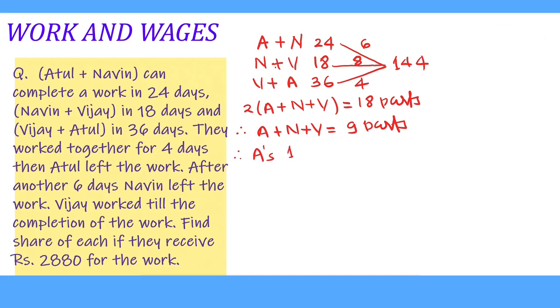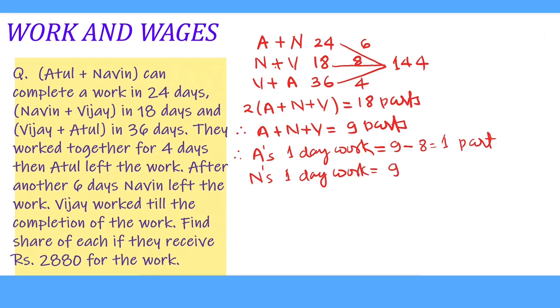So Atul's 1 day work equals 9 minus 8, which is equal to 1 part. Naveen's 1 day work equals 9 minus Vijay and Atul's 1 day work, which is 9 minus 4, equal to 5 parts. And 1 day work of Vijay is 9 minus Atul plus Naveen's 1 day work, which is 9 minus 6, equal to 3 parts.